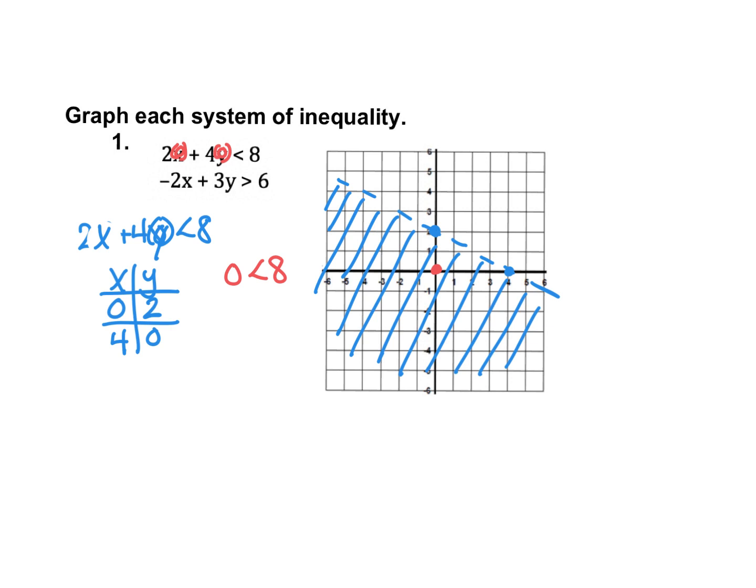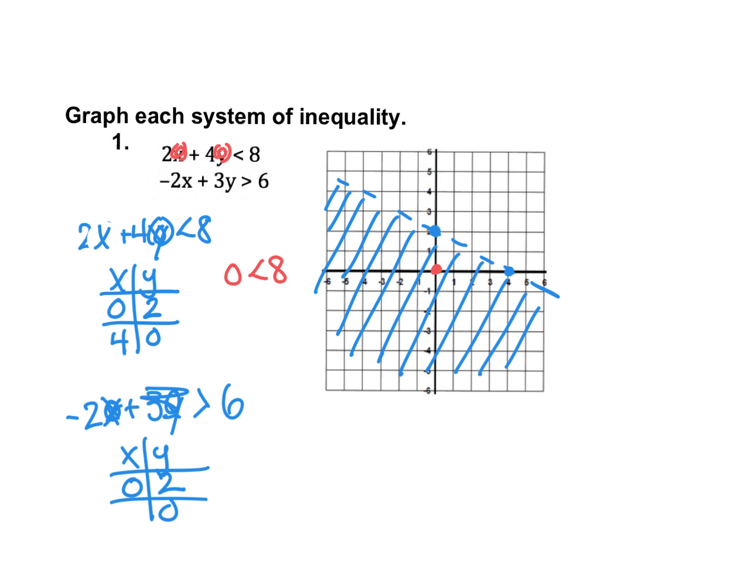so we could find out which direction we would be shading. So now let's go ahead and we'll graph our negative 2x plus 3y is greater than 6. And so x and y and 0 and 0. So when x is 0, y is 2. And then when y is 0, that goes away.